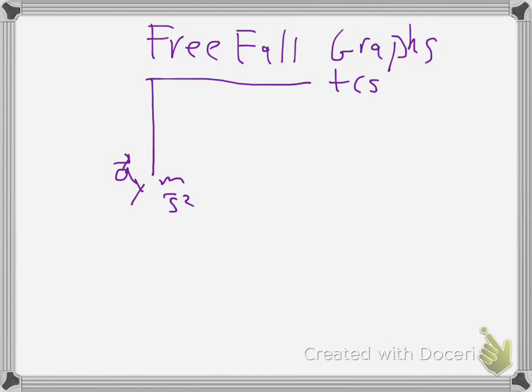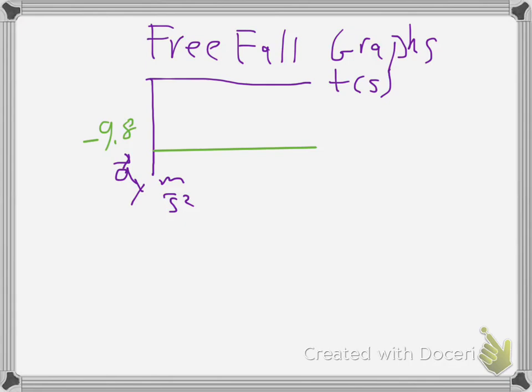This is time. Okay, so remember, this is a constant negative value. We know it to be minus 9.8. Okay, that would be the acceleration graph, constant acceleration.